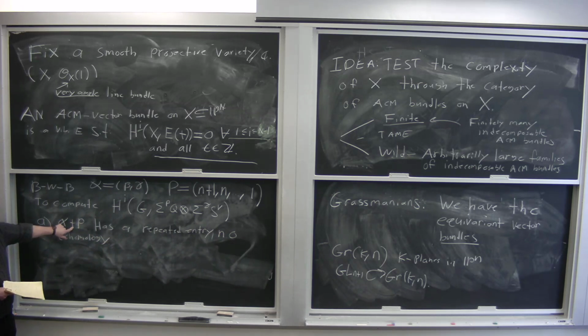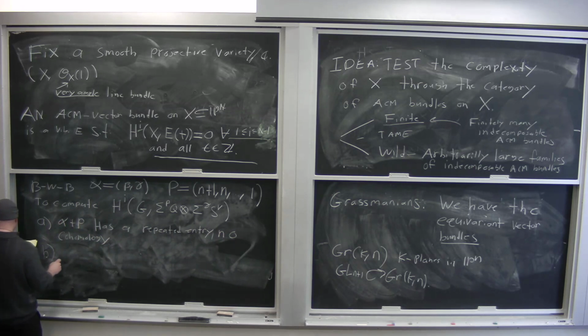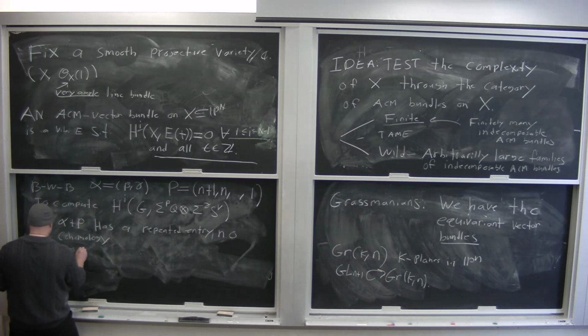Alpha plus rho is a repeated entry, no cohomology. Otherwise, how did I write this?